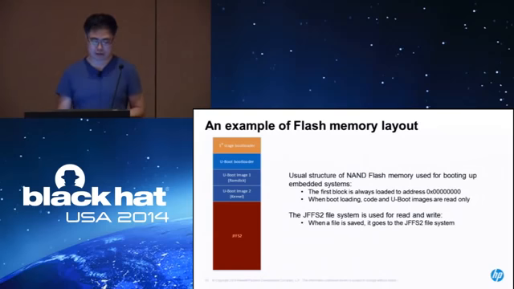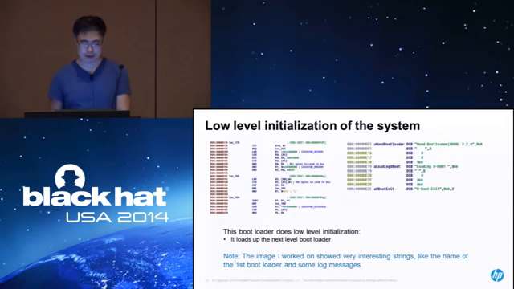And after that, there should be some more advanced bootloaders. Usually people use U-Boot or other open source bootloaders there. And after that, there are actual file systems, JFFS2 or YAFFS or other file systems. But in this case, they were using JFFS2.